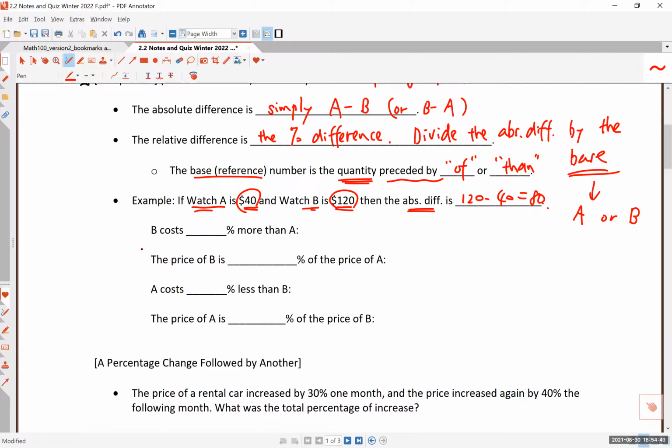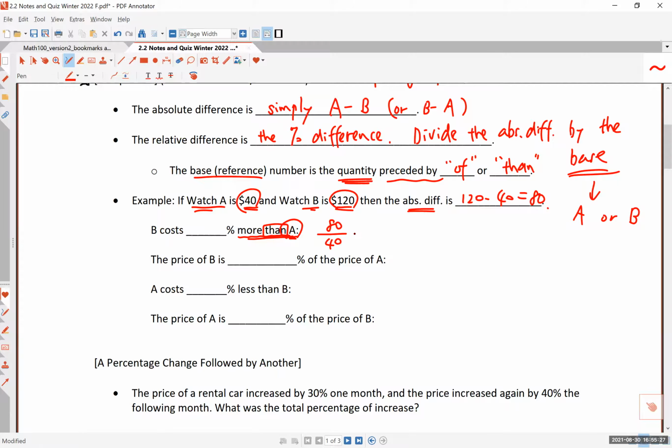Now, here comes the tricky part. B costs what percent more than A? The words more than A tell you that A should be the reference or the base number, the price of A. Because we are trying to find out the cost of B more than the cost of A, we are looking at the relative difference, which is 80 divided by the price of watch A, because it's preceded by the word than.